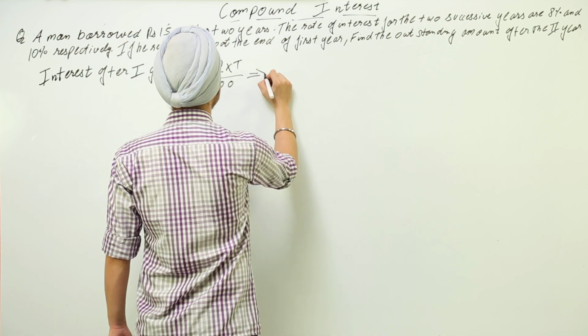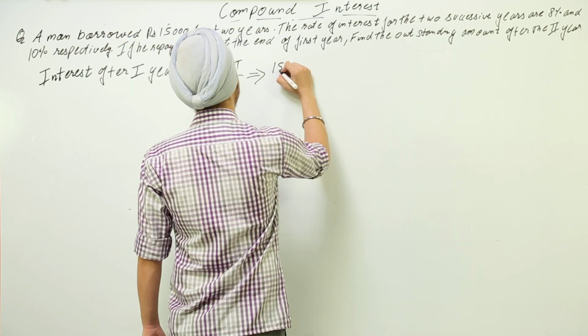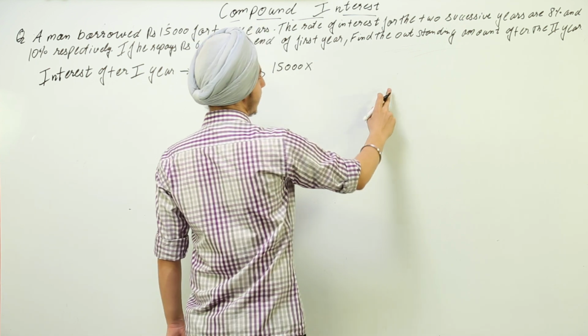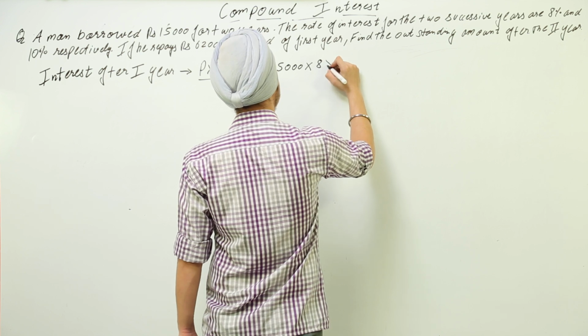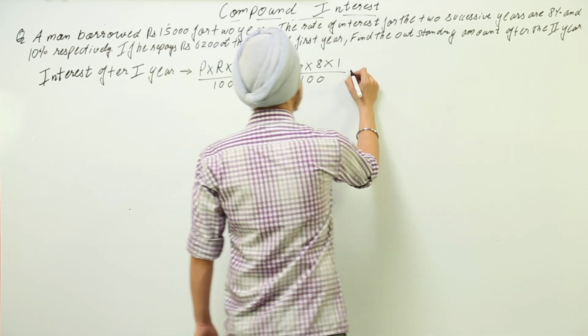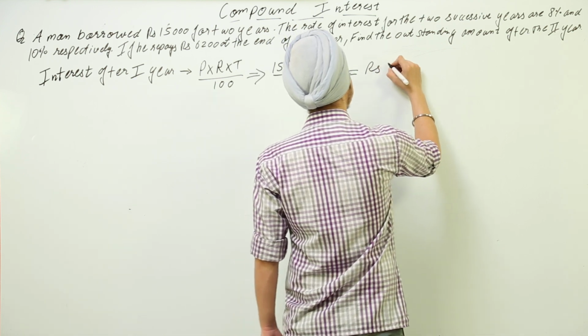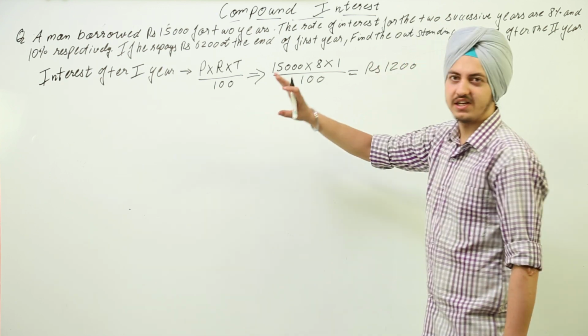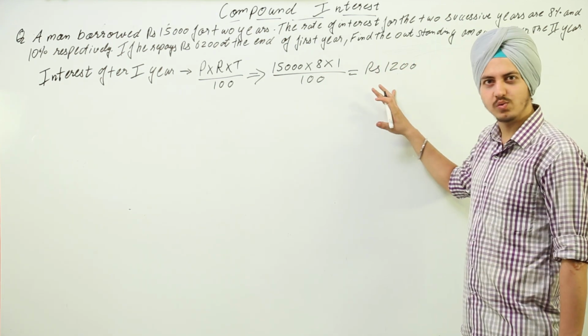Principal is 15,000 into rate is 8% into time is 1 year upon 100, which gives out to be rupees 1,200. So we have interest after 1 year is rupees 1,200.